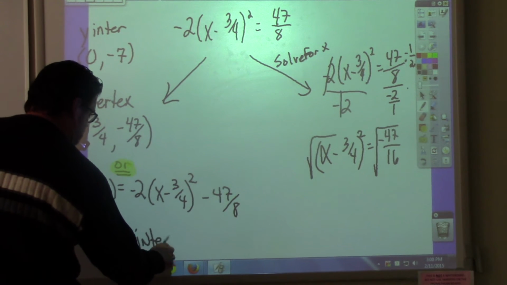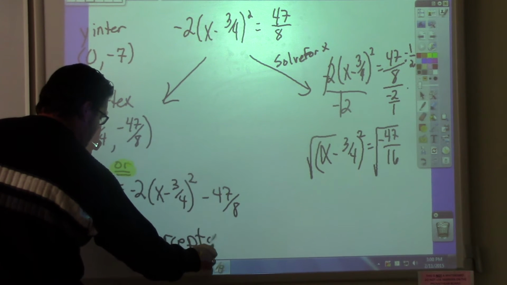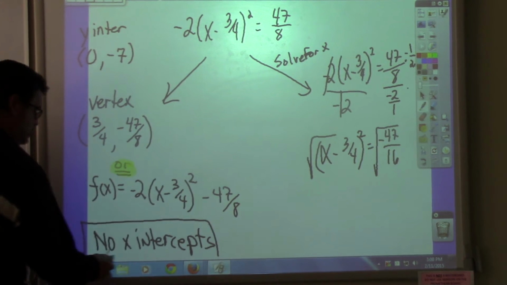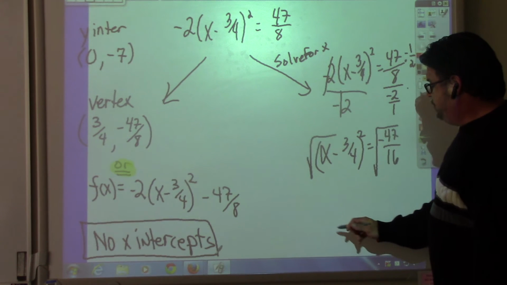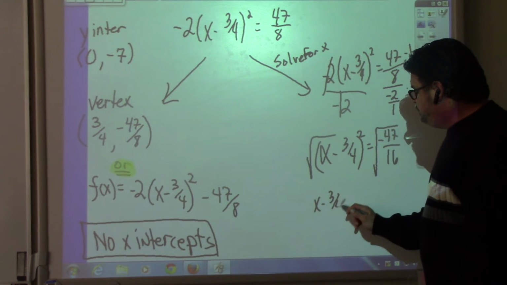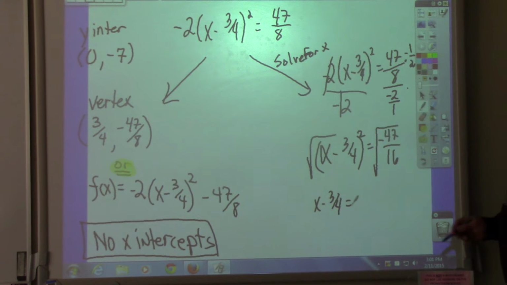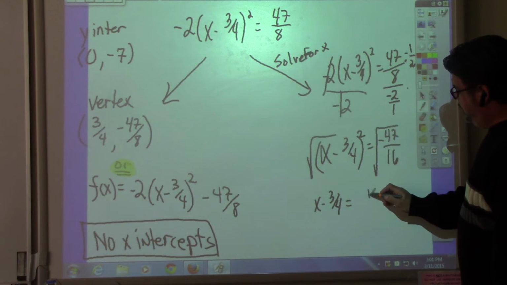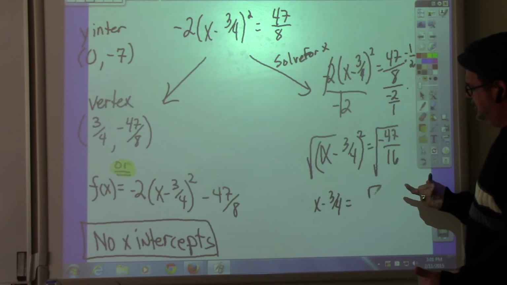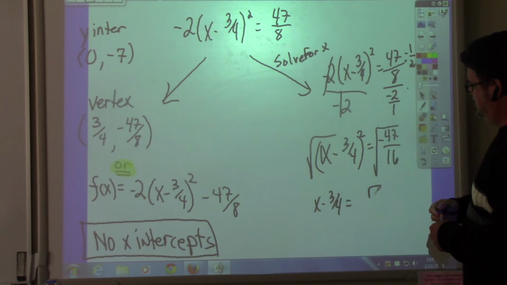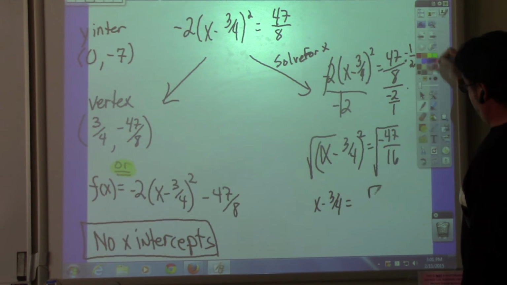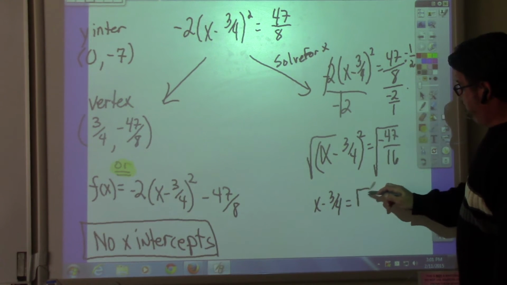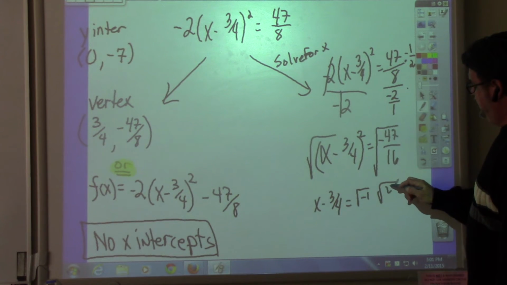You got to use i. And i is just another way of writing the square root of negative 1. So x minus 3/4 is equal to, I'm going to break this up into the square root of negative 1 times the square root of 47 over 16.